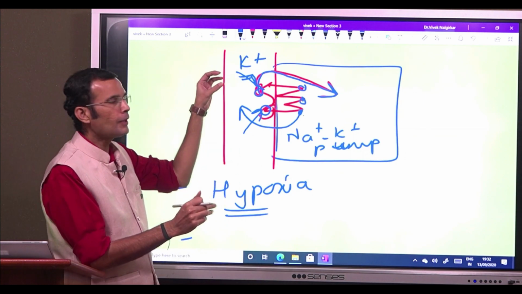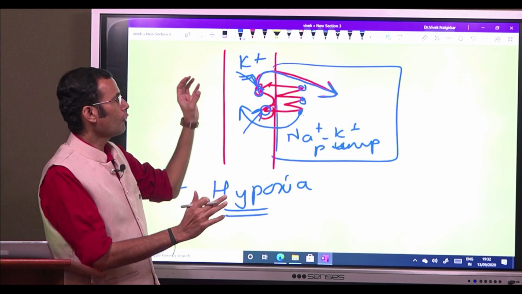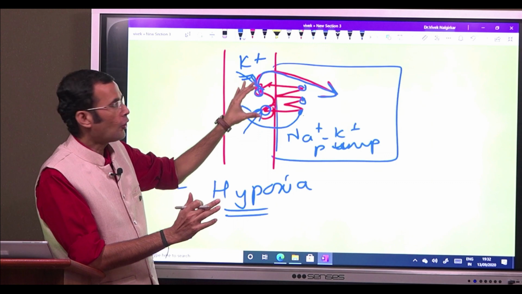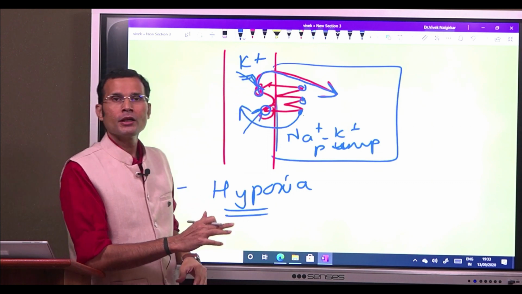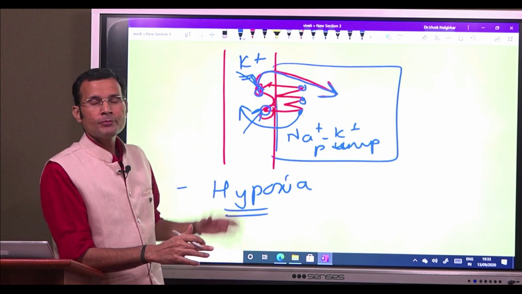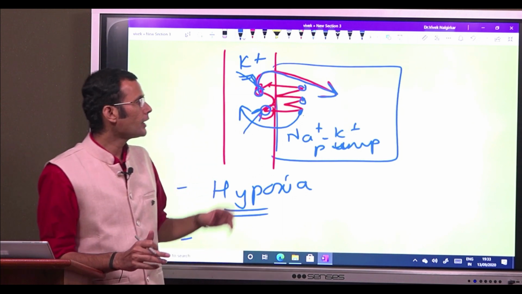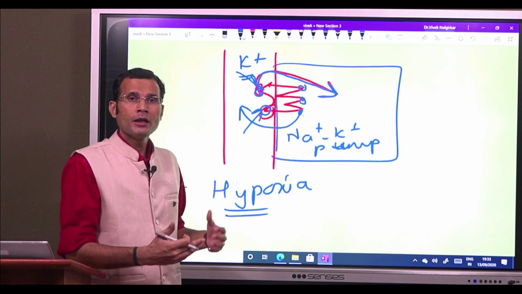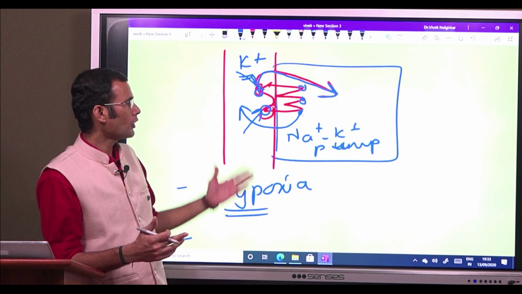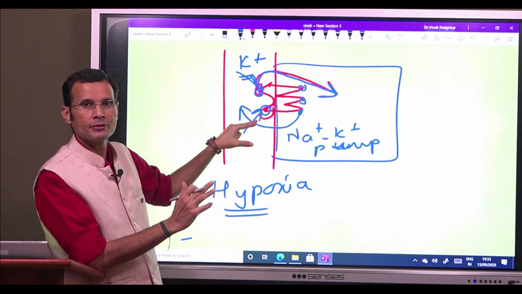Remember, potassium and digitalis compete for the binding sites on the sodium potassium pump. So, if there is hypokalemia, if there is low potassium, then there will be digitalis toxicity, because potassium is not able to compete with digitalis on these binding sites.